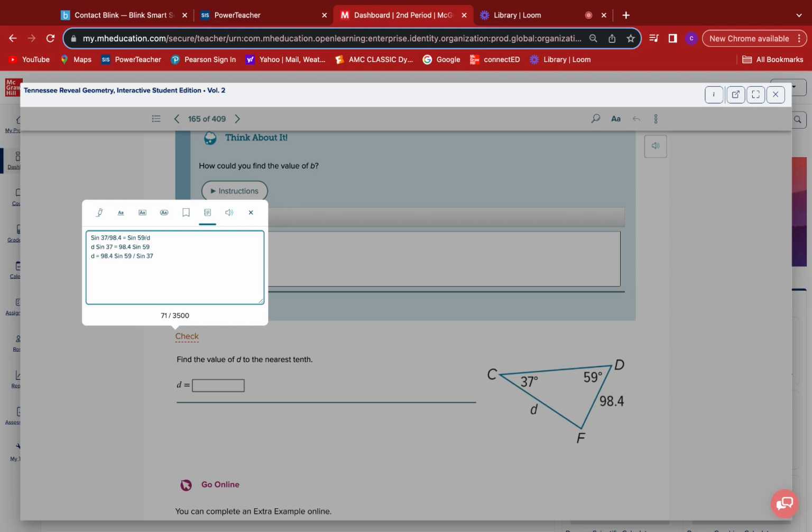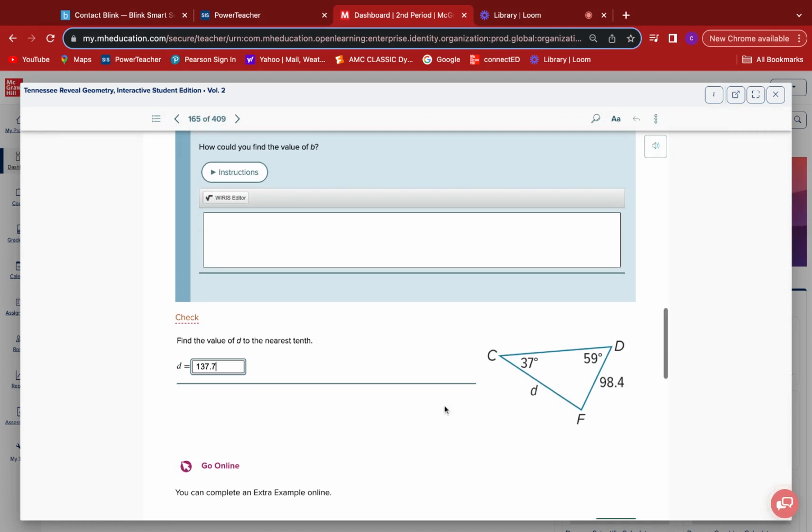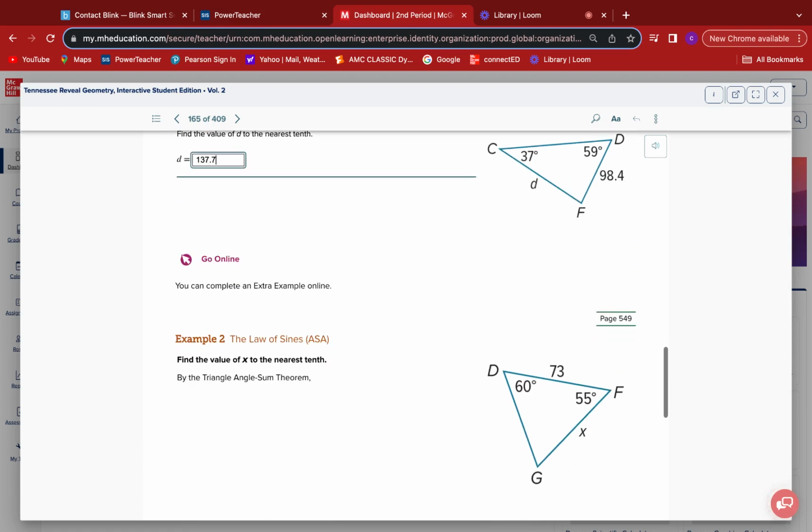And you're looking at 139 point. Round to the nearest tenth. So the 2 that's after the 7 just makes it stay a 7. So 137.7. So that side right there, D, is 137.7. All righty, there we go. There's our check.